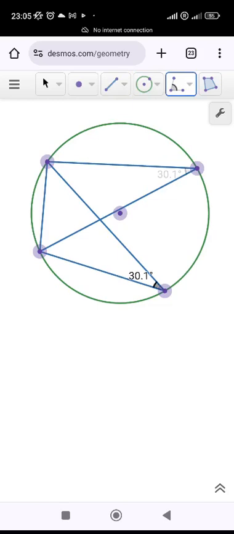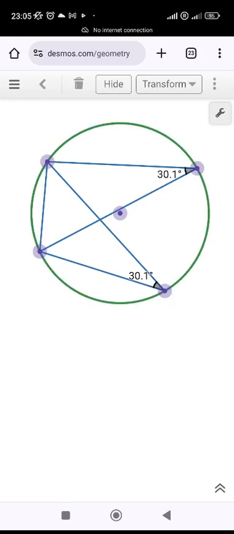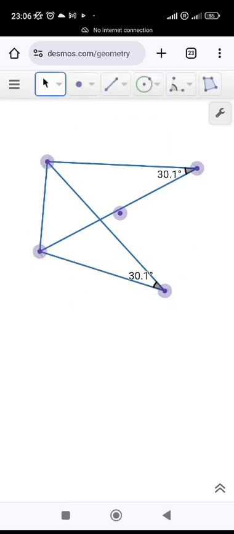What I want to show you now is if I take my circle, select the circle and hide the circle. If you don't have the circle there and you only have a shape that looks like this, and you can see that the angles formed are the same, then you know that there is a circle that exists around there.